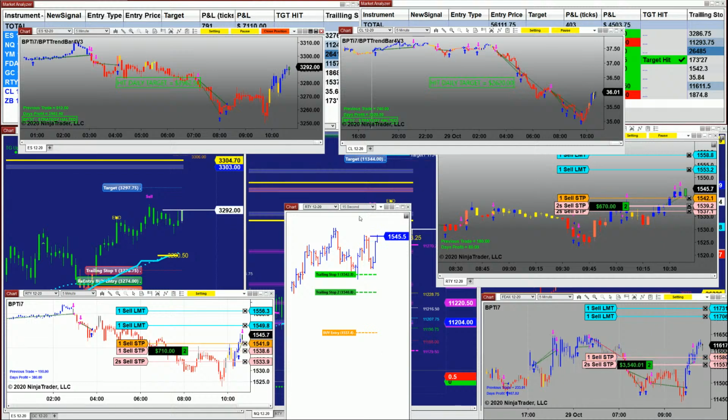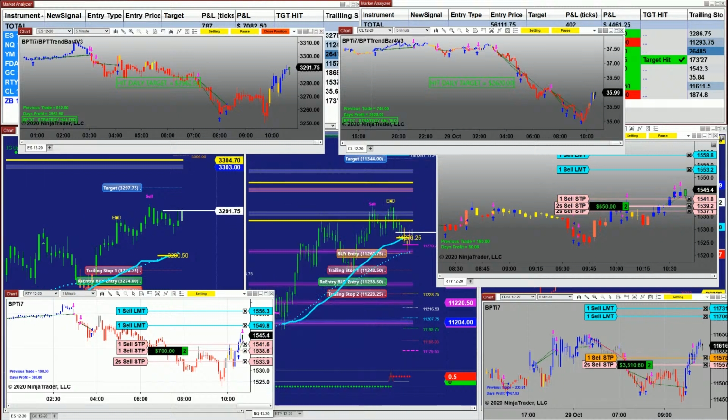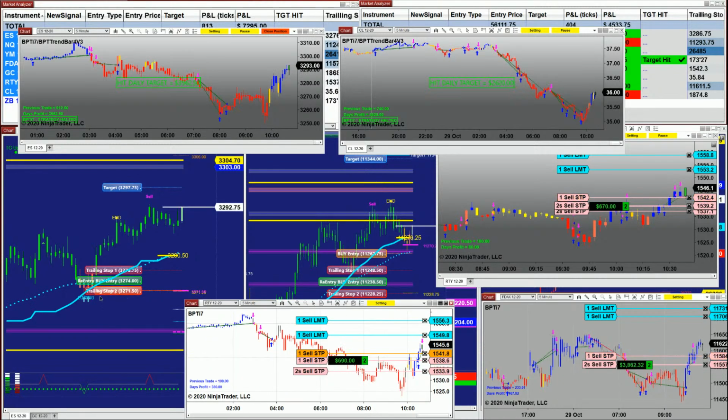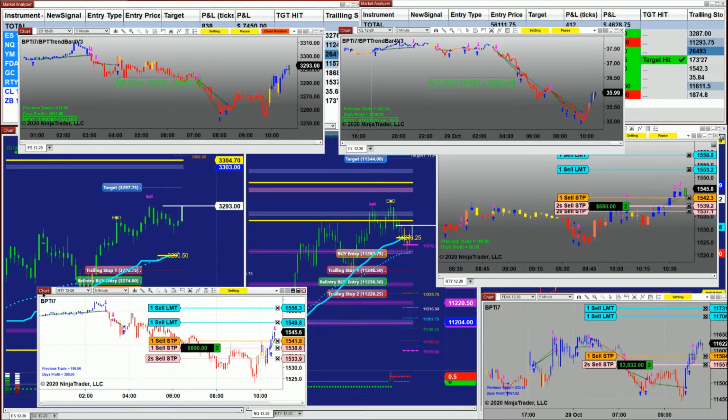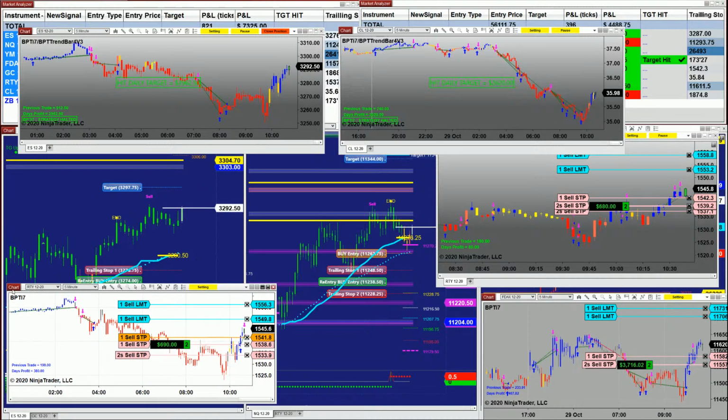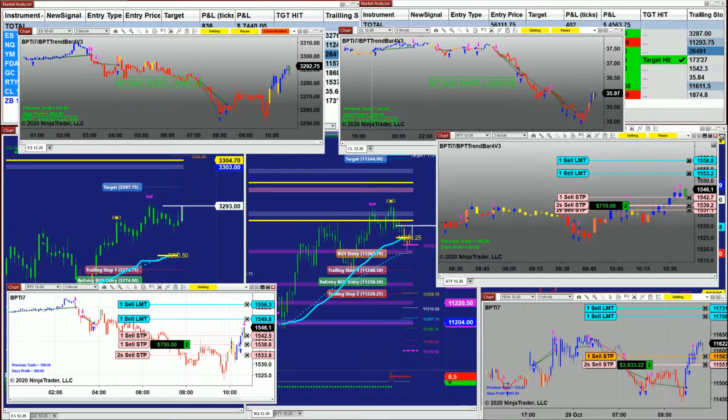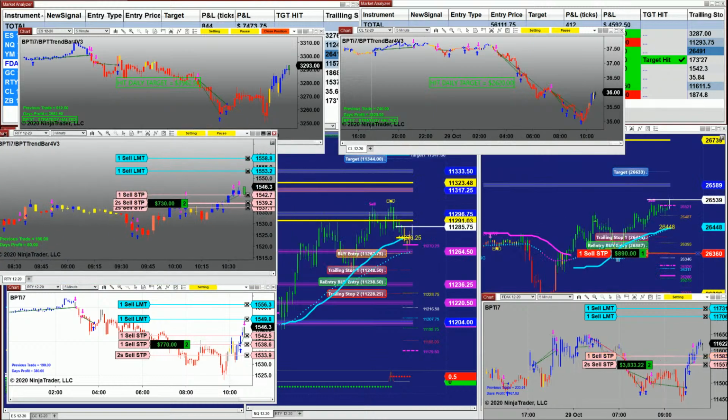All those charts are the same auto trade. Let's get this one here out. This has nothing to do with the signal trade. We added the trailing stop.